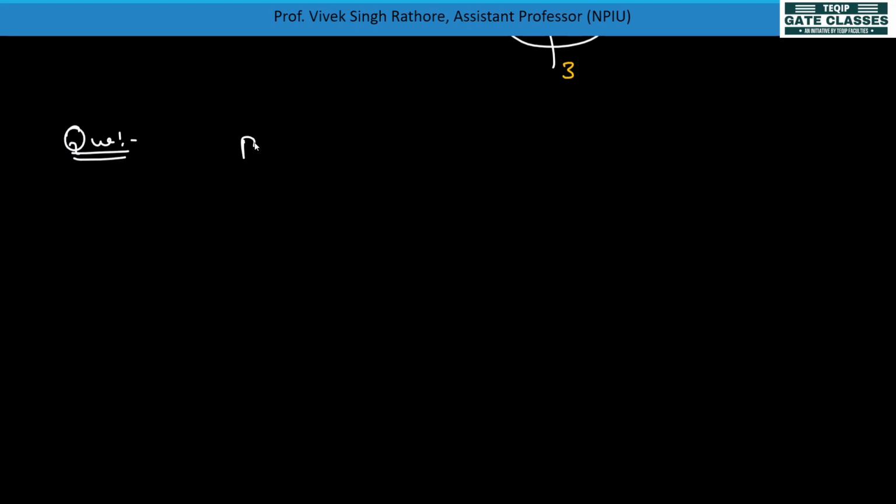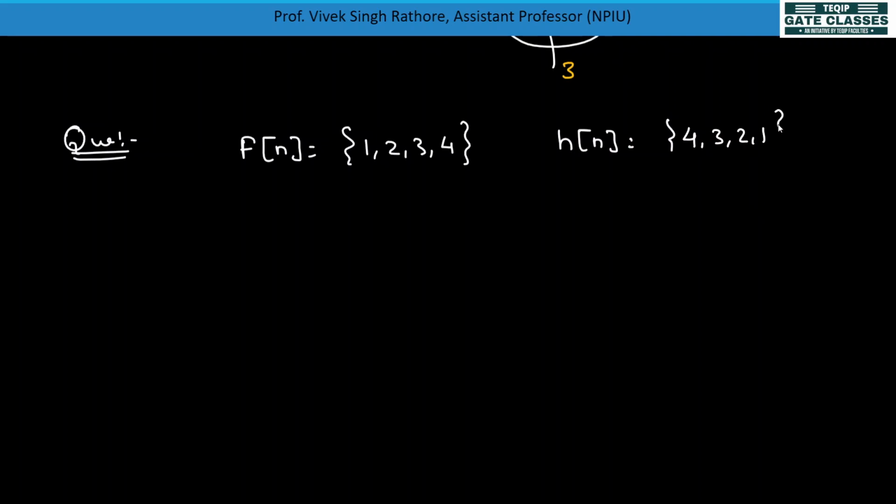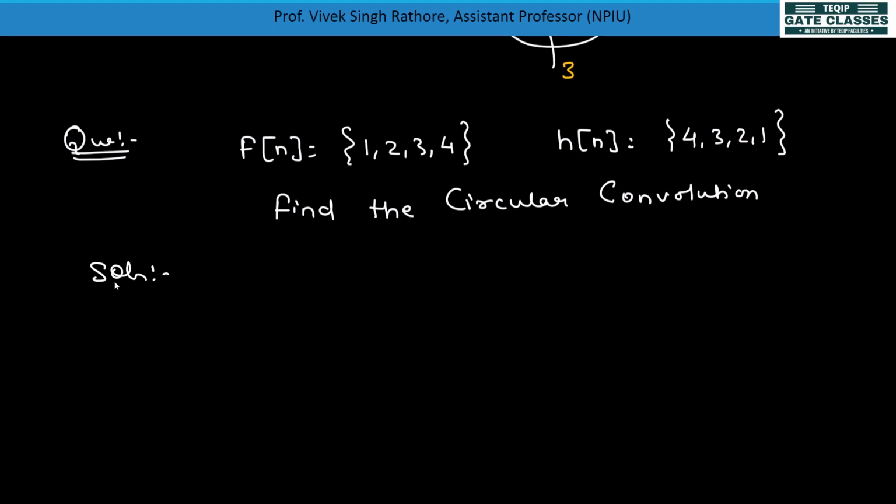See, f of n was given to you. Let's suppose 1, 2, 3, 4, and h of n was given to you. Let's suppose 4, 3, 2, 1. And you have been asked to find the circular convolution of these signals.